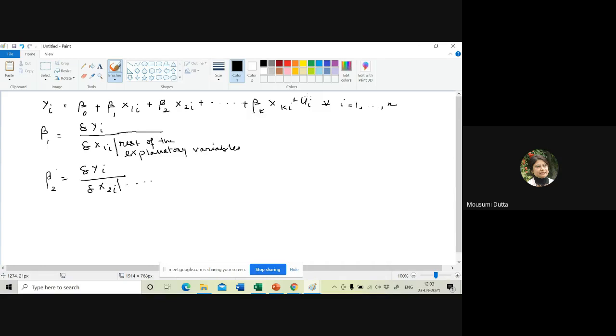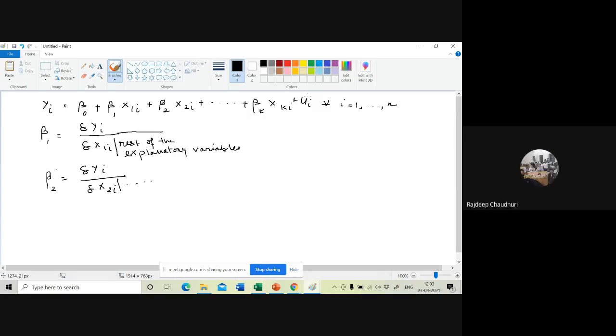The idea is like that. If it is a multiple regression model, with more than one explanatory variable, it is not simply dy/dx. It is dy/dx given other explanatory variables. Okay, so this is the idea. Are you getting it?